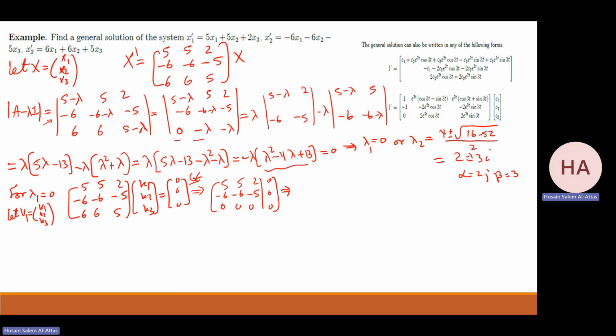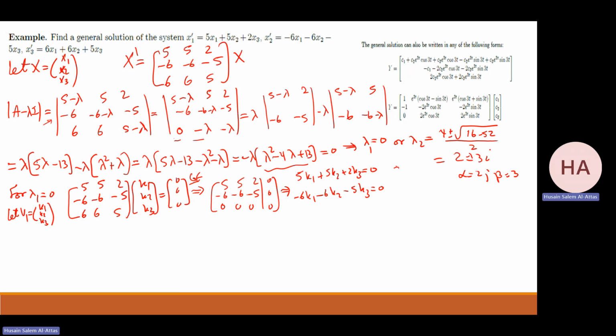So that gives me 5k1 plus 5k2 plus 2k3 equals 0. Let me make it minus. I think minus is better. You have 3 equations, three unknowns. Try to manipulate it the way you like.